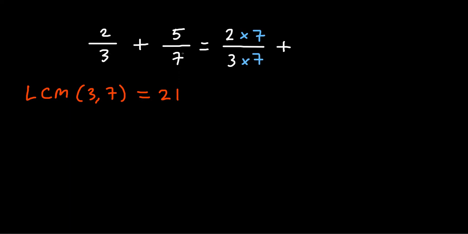And then to get 21 in the denominator for this fraction, we have to multiply both numbers by 3. So we do 5 times 3 over 7 times 3.